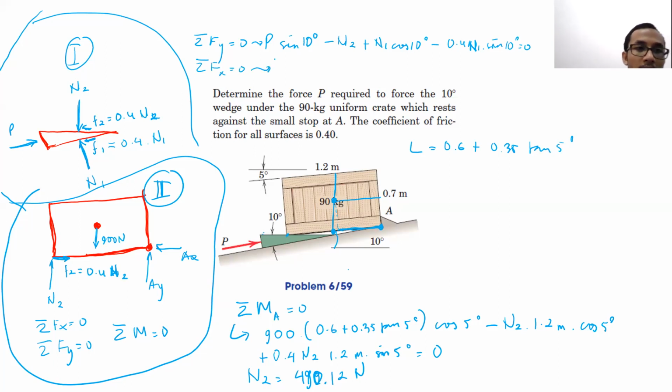What we will have there is P cos 10, minus F, 0.4 N2, minus N1 sine 10 degrees, minus 0.4 N1 cos 10 degrees, equal to 0.